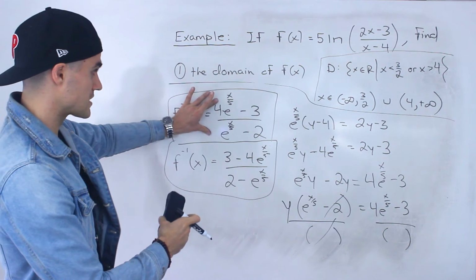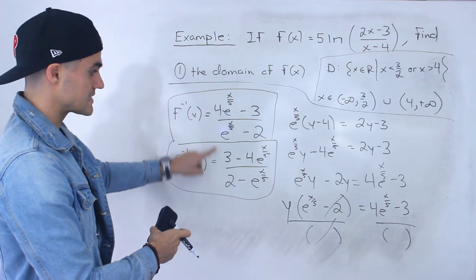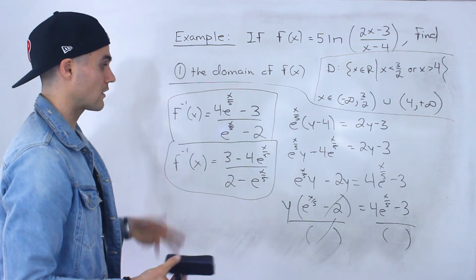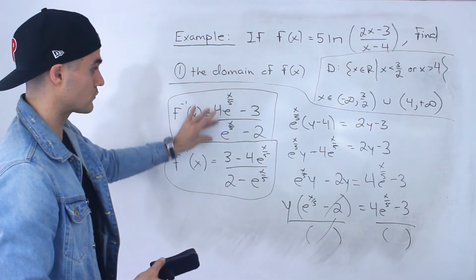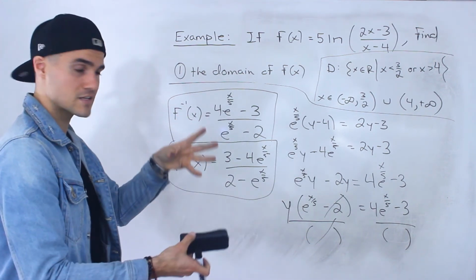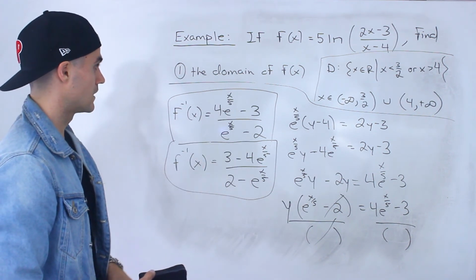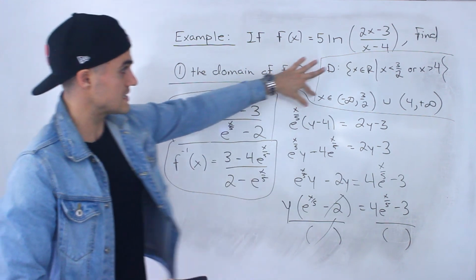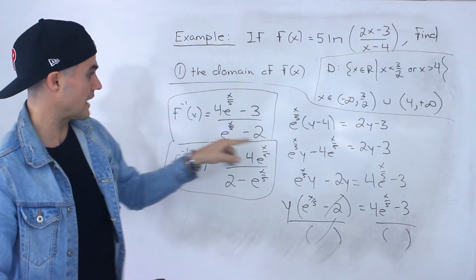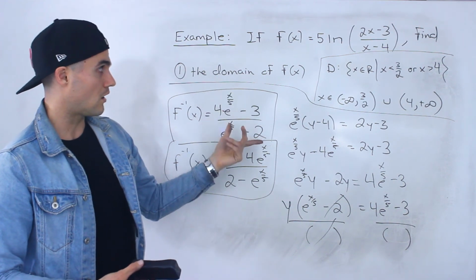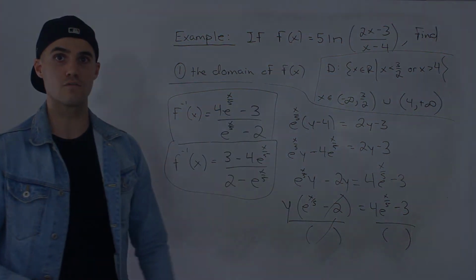So you might get this on the test, and then you might see this as the answer, and just looking at it, you might not think they're the same thing, but they are the same thing. I just factored out a -1 from here, -1 from there, negatives canceled out. We end up with this. So either way, this is the domain of that function, and then these two expressions, which are the same thing, are the inverse of that function.